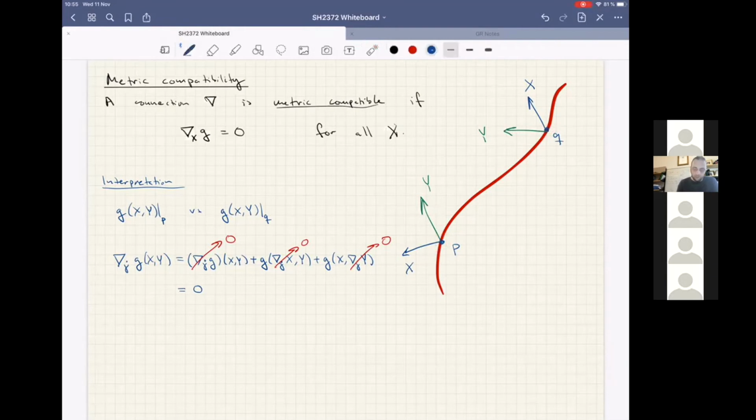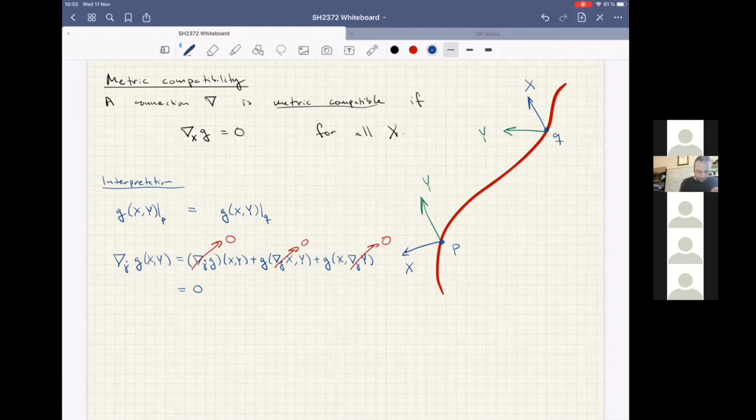So if I parallel transport x and y from P to Q, these two are actually going to be equal to each other, assuming that the connection is metric compatible. So if we have a connection that is compatible with the metric, then the parallel transport conserves lengths and angles between vectors.